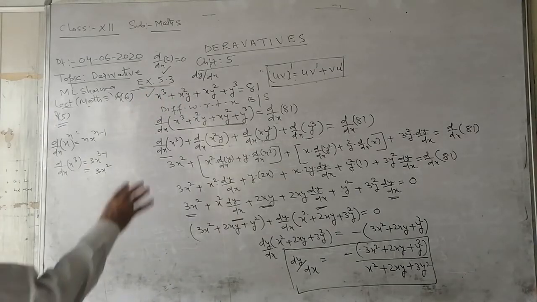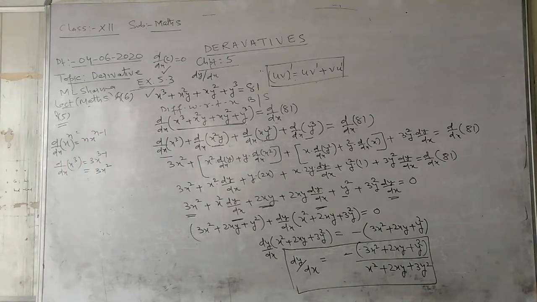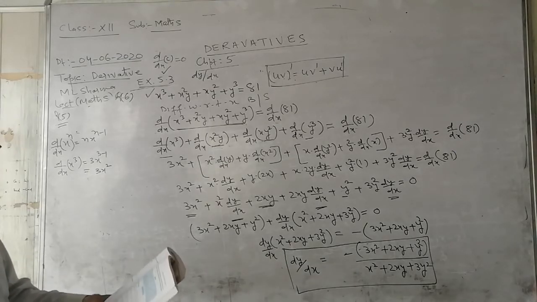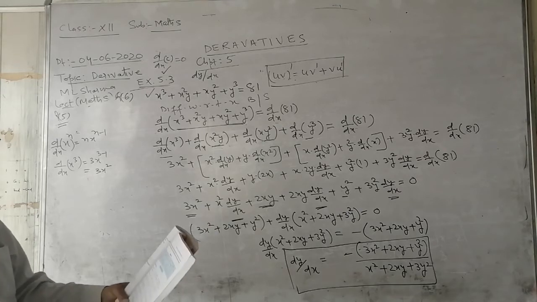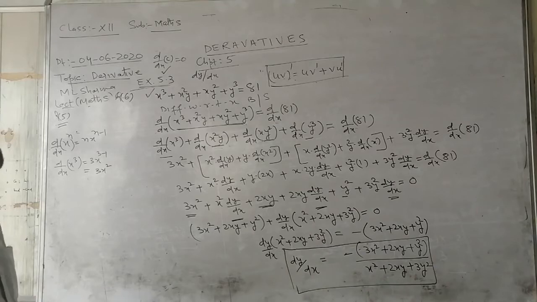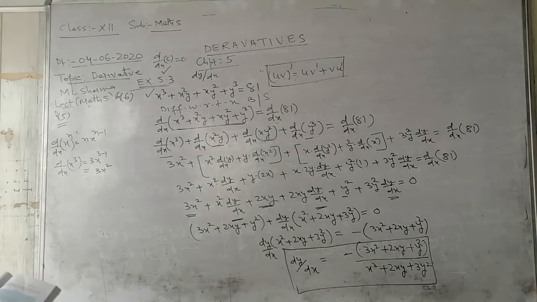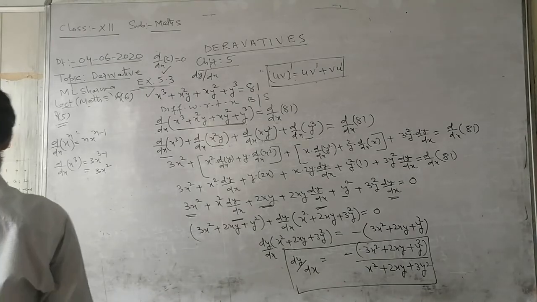So this type of functions, they are called implicit functions. After this, in this exercise, there are questions of inverse trigonometric functions. So they are simple questions, polynomial functions.